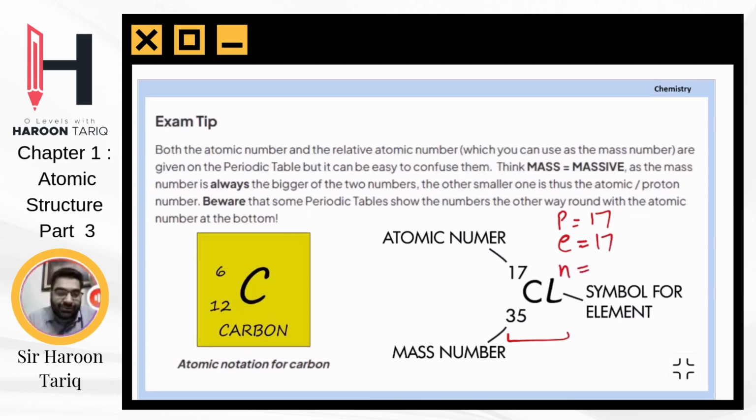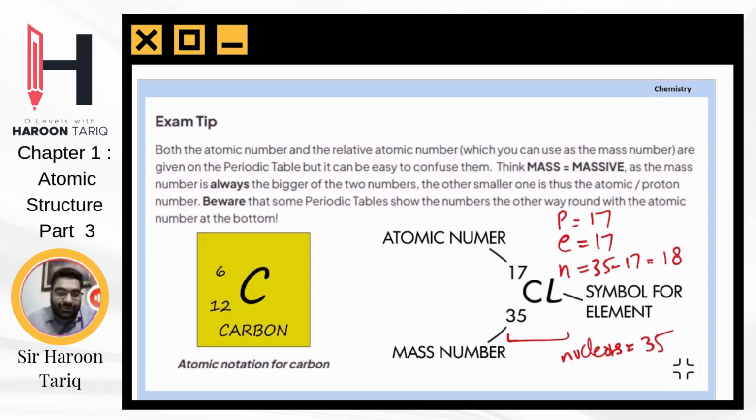The number of neutrons, 35 minus 17, which would be 18. And nucleons, or the mass number, of course, would be 35, the bigger number.